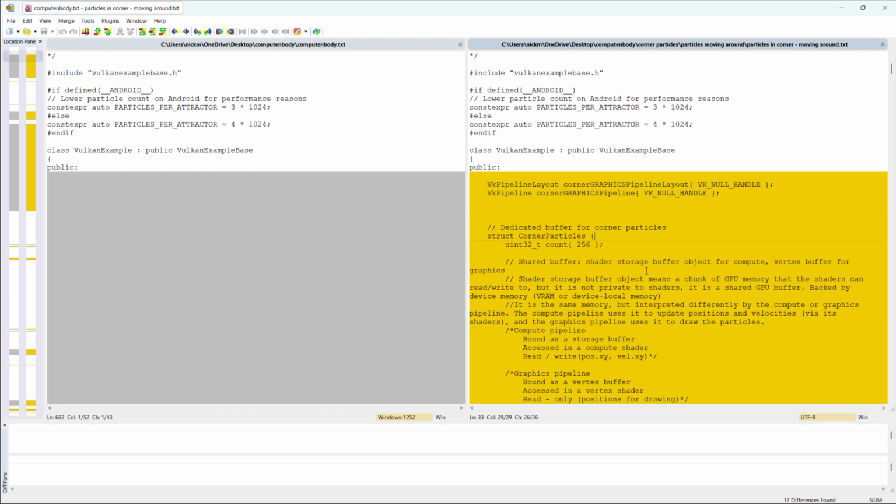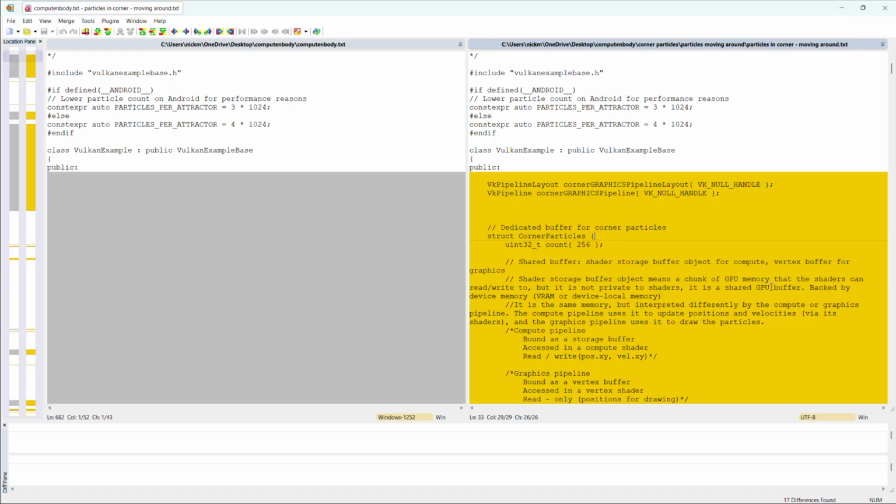Shared buffer, shader storage buffer object for compute, vertex buffer for graphics. So it's the same buffer object, but compute uses it to read and write, and then graphics uses it for the vertex buffer information. Shader storage buffer object means a chunk of GPU memory that the shaders can read and write to, but it is not private to shaders.